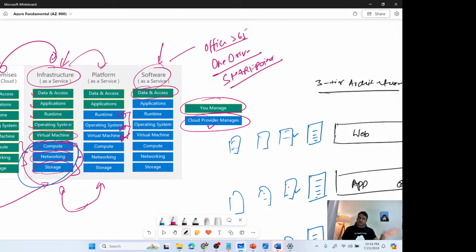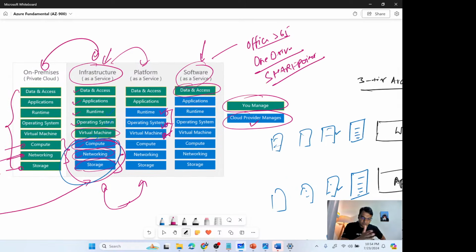In that case, continue to run it on IaaS in a virtual machine. But whatever can be migrated to PaaS, do that. So that is infrastructure as a service, platform as a service, and software as a service.